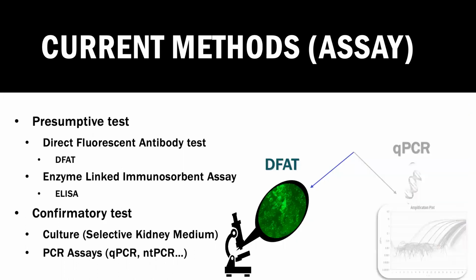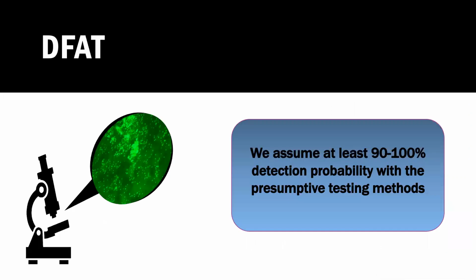And it's important to note that if the presumptive test does not detect the presence of RSAL, then the confirmatory test is not typically completed. But if the presumptive test is positive, then the confirmatory test is completed, which could lead to implications with management if the presumptive test is not highly specific or sensitive to detecting RSAL.